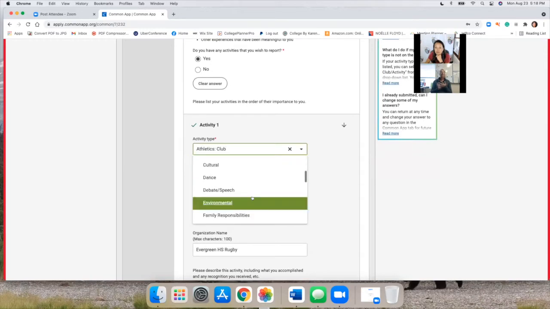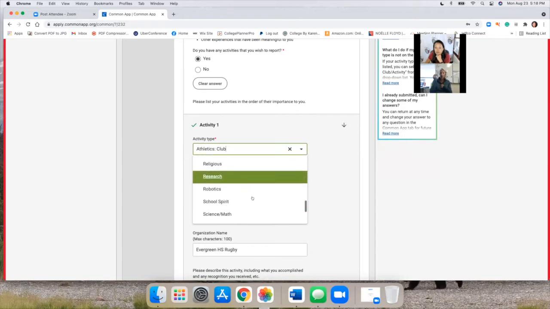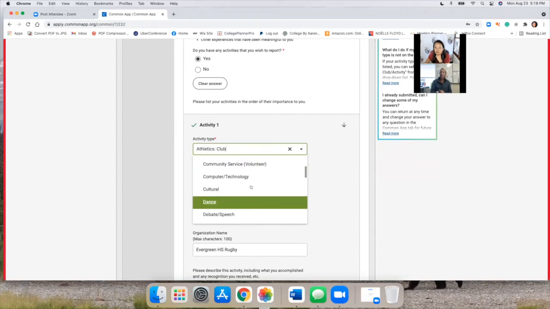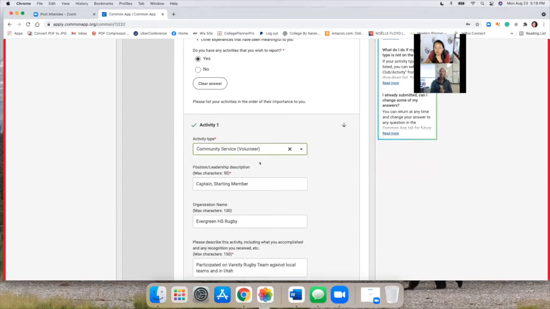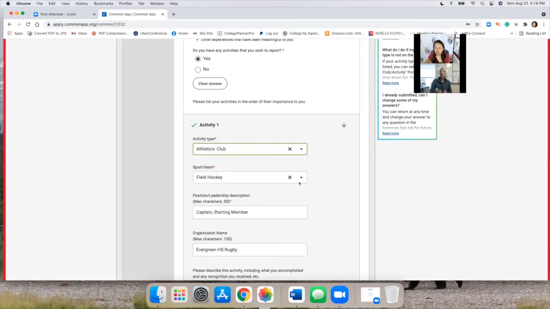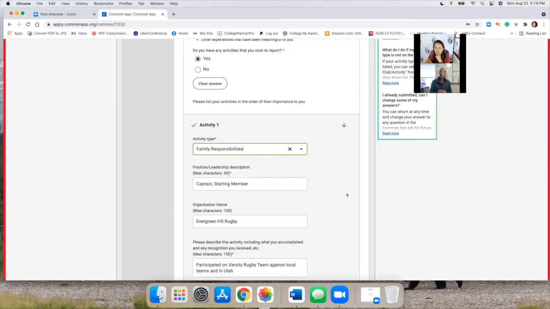So if you have an after-school job, you can drop down and add all kinds of different types of what they consider activities. If you volunteer at your local church, you can add those hours in. Yep, any community service you have. If one of your activities is that you support your family by watching your younger sibling, you can add that activity in as well. It's called family responsibility.